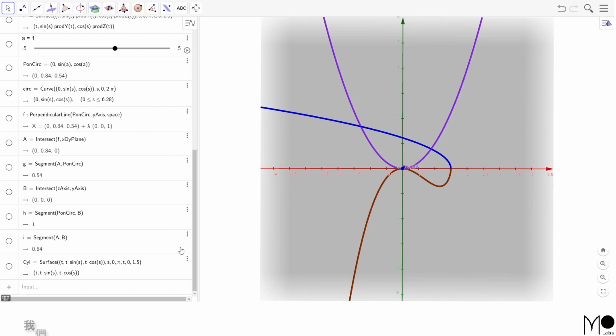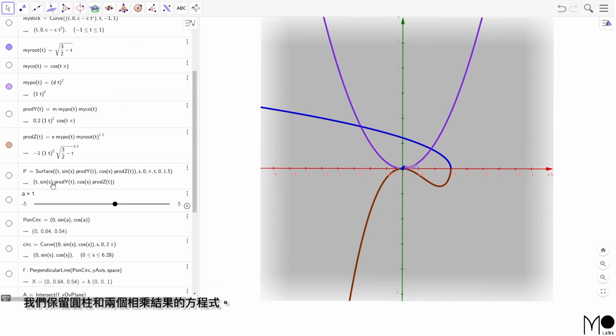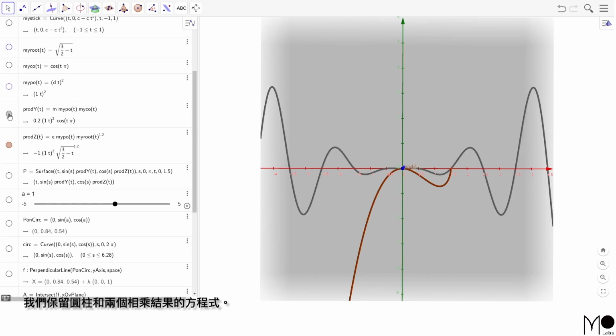Let me now combine this using our equation of the cylinder. So forget about the original 3 curves. I'll now only use the 2 product curves.